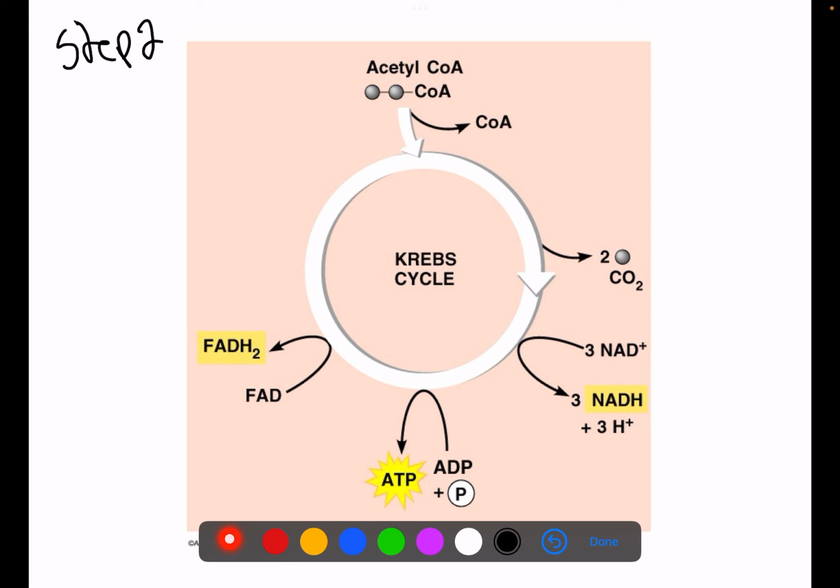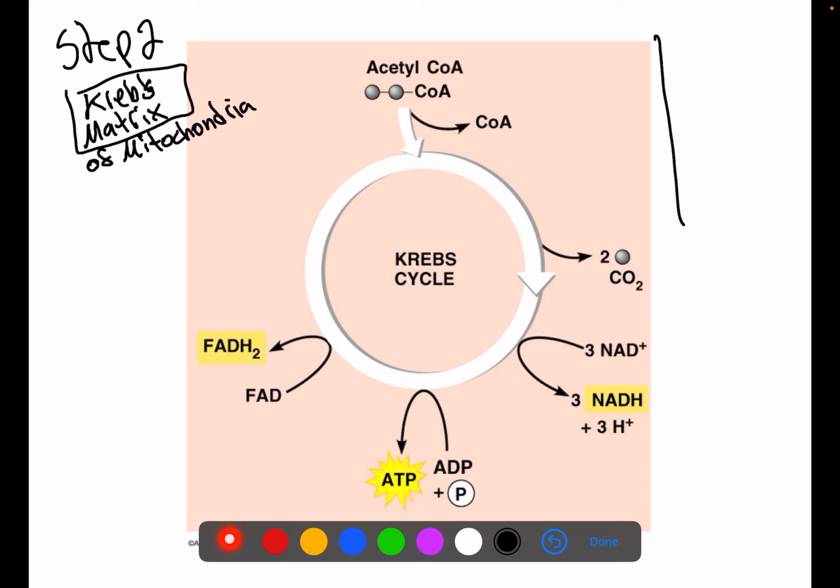And again, on your flashcard, you should have, this is Krebs, and it is happening in the matrix of the mitochondria. All right.